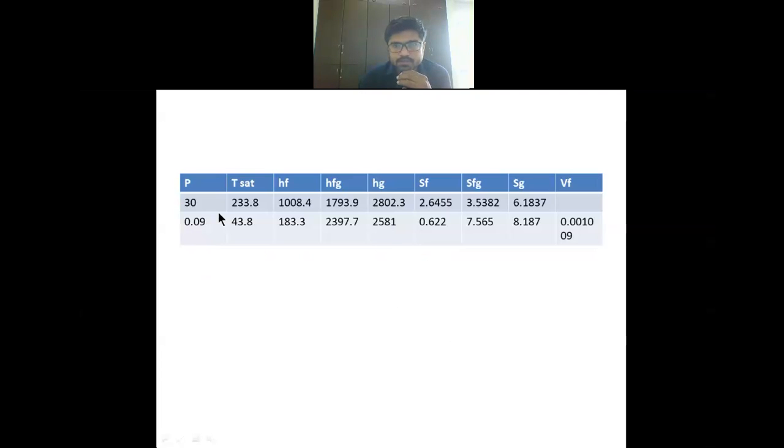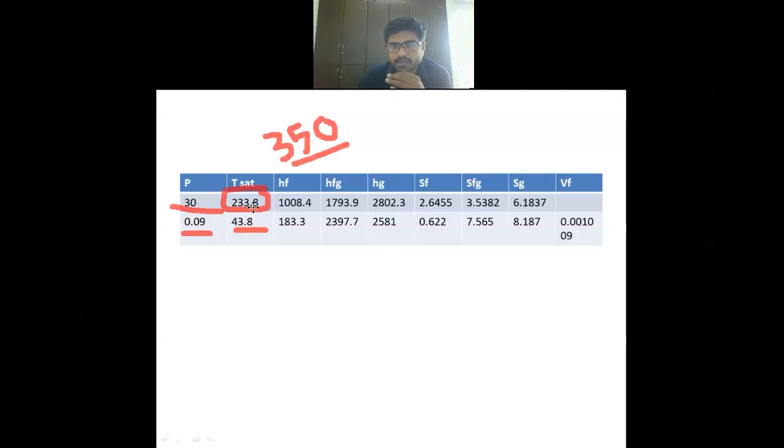At 30 bar we have a saturation temperature of 233.8, but the temperature given is 350. In the data we read that our temperature is 350, so it is higher than 233.8.